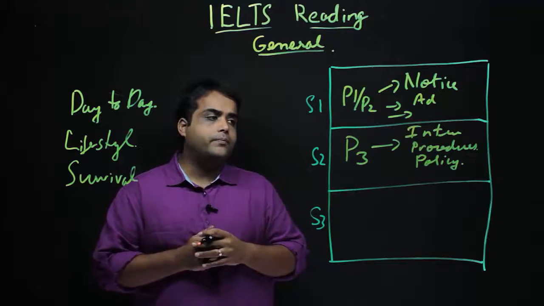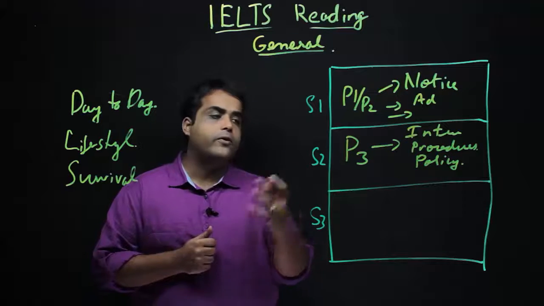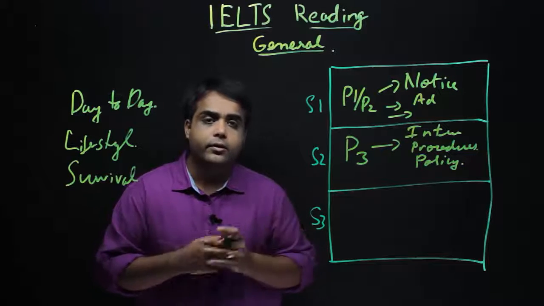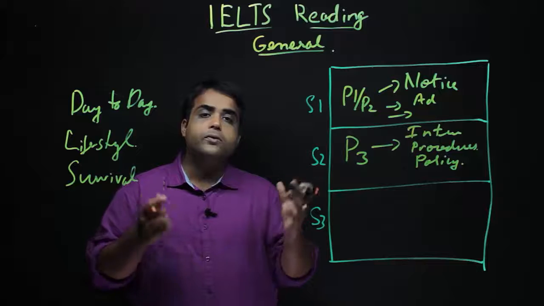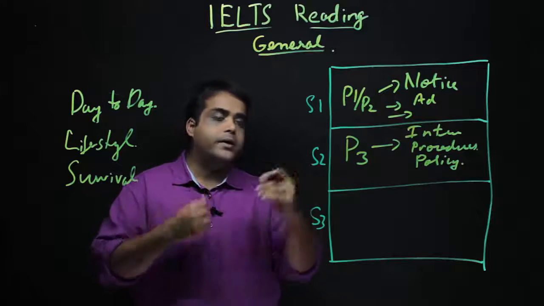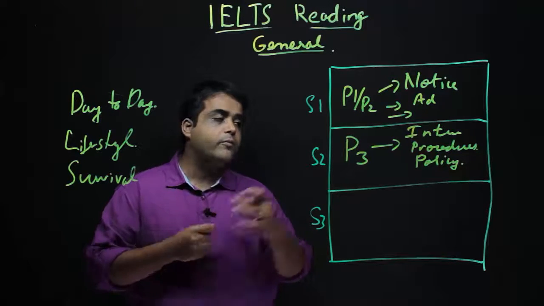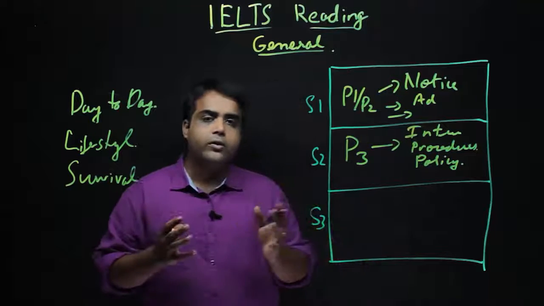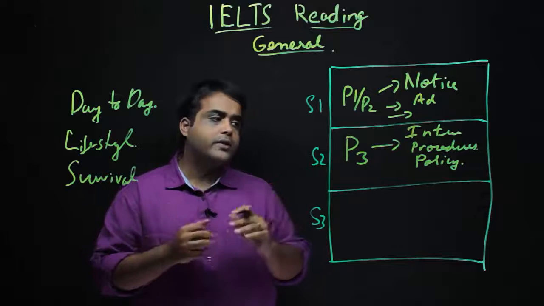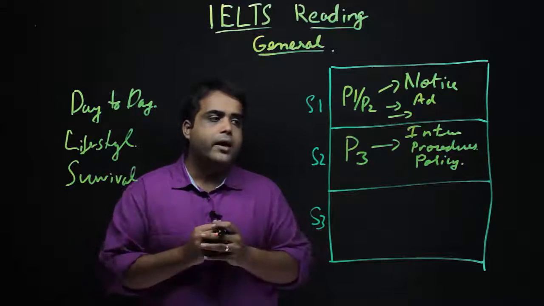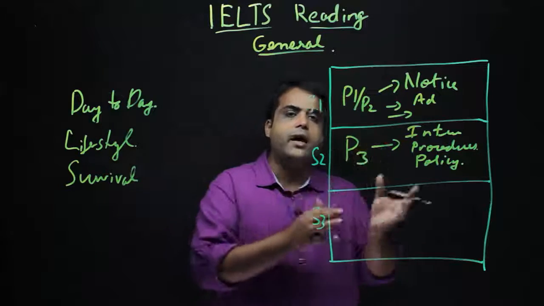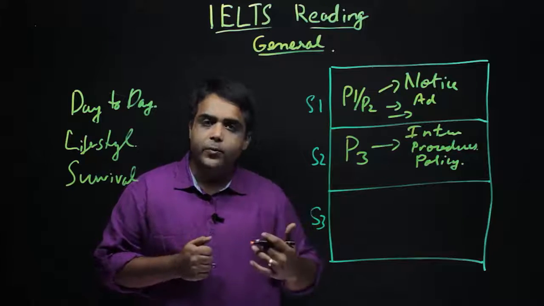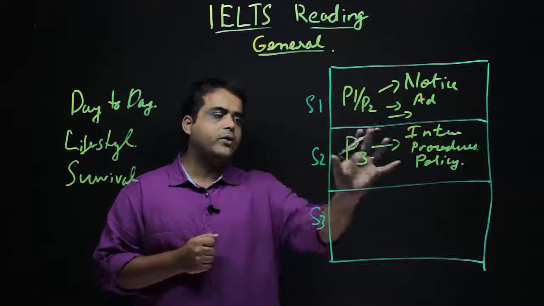It could be a very simple instruction of how to use an automatic room cleaner, or how to use a clothes dryer. If you buy a home appliance, it will come with an instruction booklet which will have instructions about its safety requirements and its electricity requirements. And as a person staying in that foreign country, you should be well equipped enough to understand the procedures and follow them. So that is what you are being tested on here.